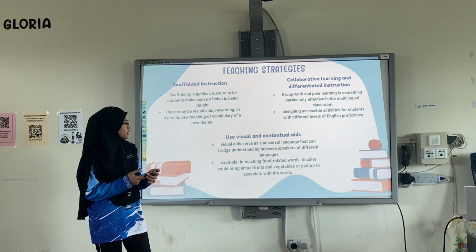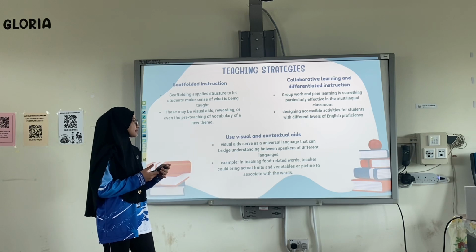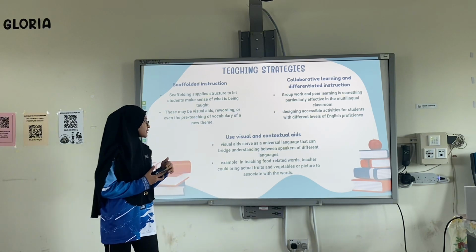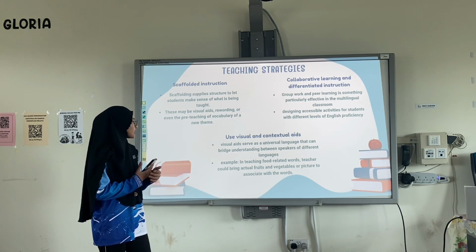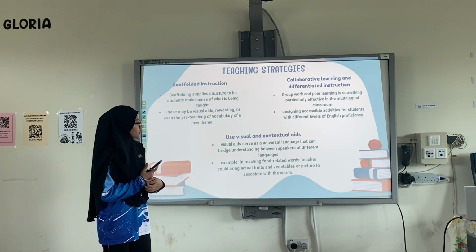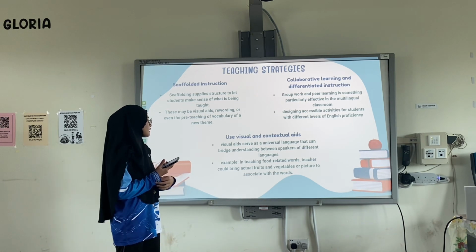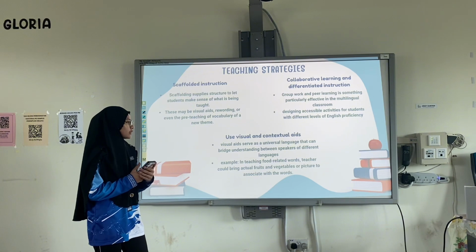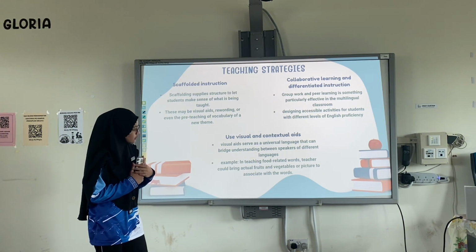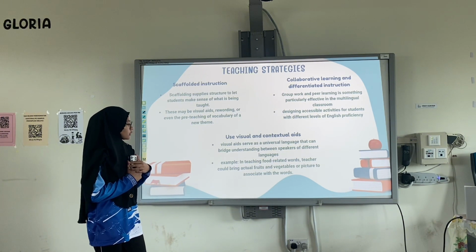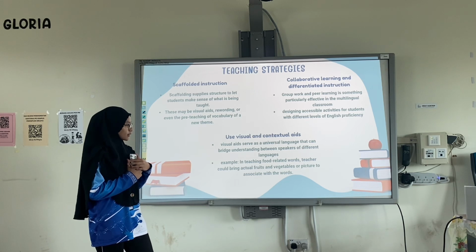And the last one is use visual and contextual aids. Visual aids serve as a universal language that can bridge understanding between speakers of different languages. For example, in teaching food-related words, teachers could bring actual fruits and vegetables or pictures to associate with the word.